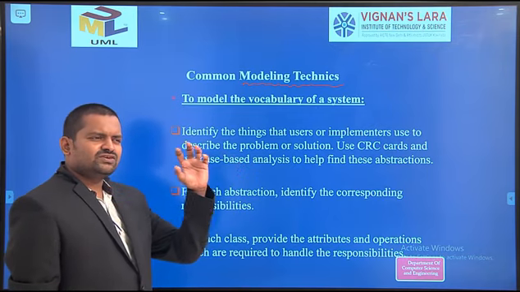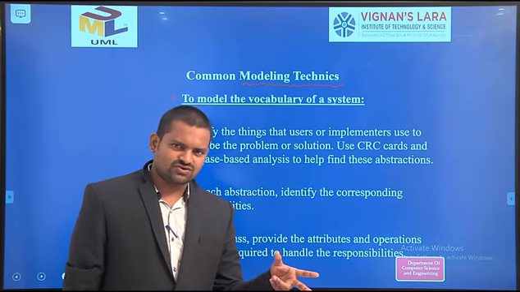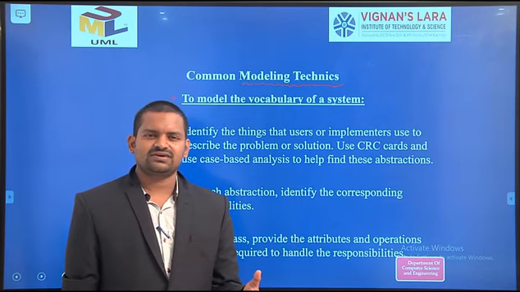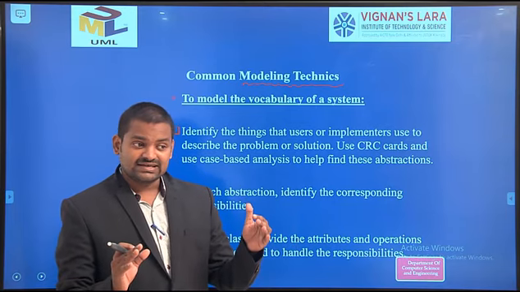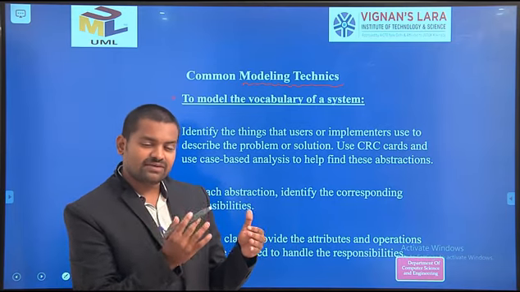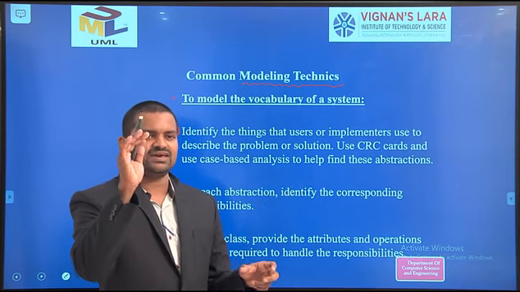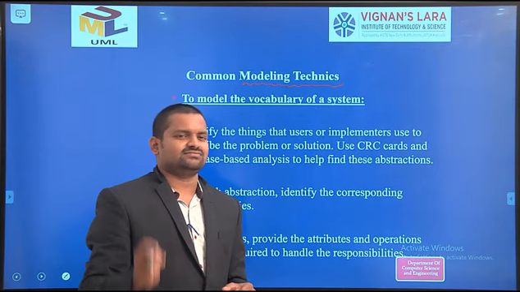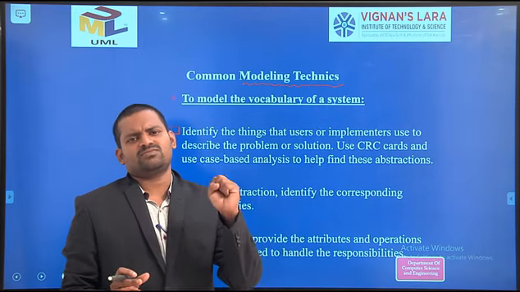So see, if we have a 200-line document or a 100-line document, from the whole document you have to write the structure or the vocabulary. With the help of that vocabulary, you have to think what kind of diagrams you may draw. One can think 10 classes are available in that particular problem solution.